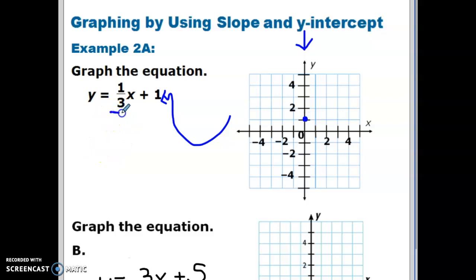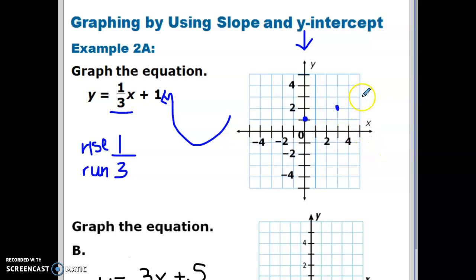And then I'm going to do the slope, which is 1/3, and it's positive. So I'm going to rise 1 and run 3 from the dot we just plotted. So we just plotted a point at 1 on the y-axis, and I'm going to rise 1 space and then run 3 spaces and make another dot.